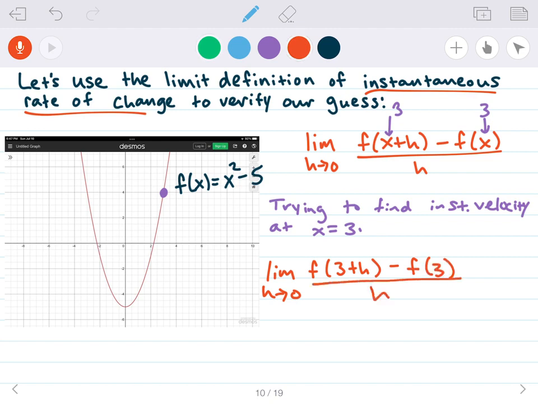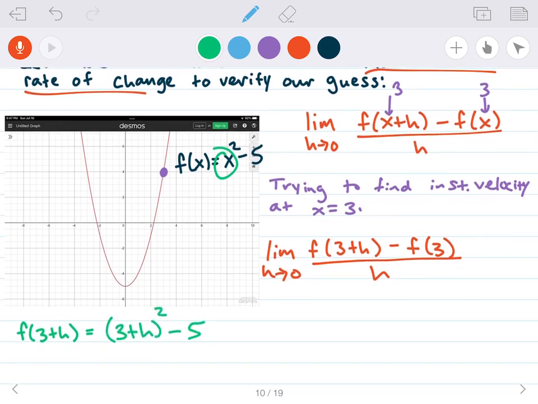Now I'll do this over here. What is f of 3 plus h? Well, all we're doing is plugging in 3 plus h into our function. So we have 3 plus h squared minus 5.